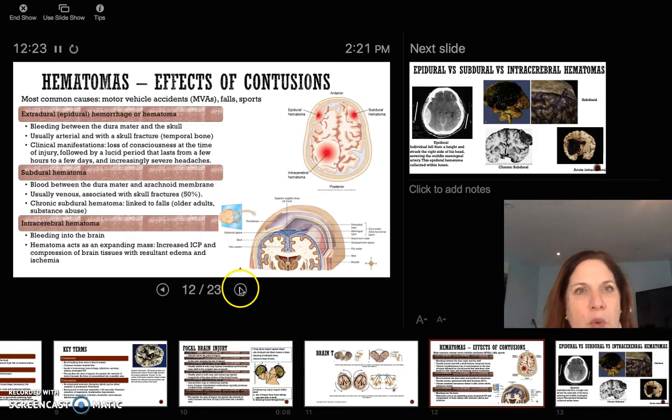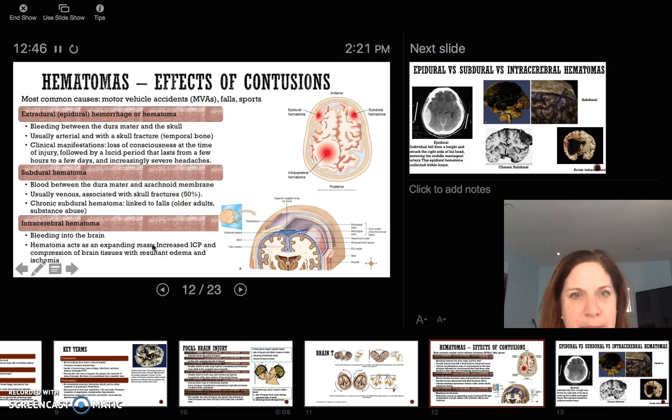So, what is a hematoma? The most common causes are motor vehicle accidents, falls, and high-risk sports. Depending on where they are, they can either be epidural, above the dura, subdural, below the dura, or in the brain tissue itself, called an intracerebral hematoma.